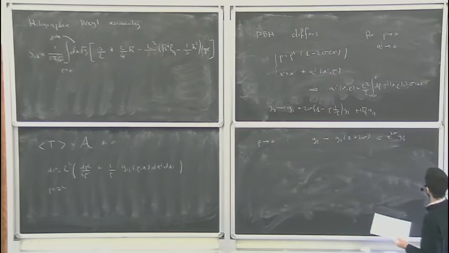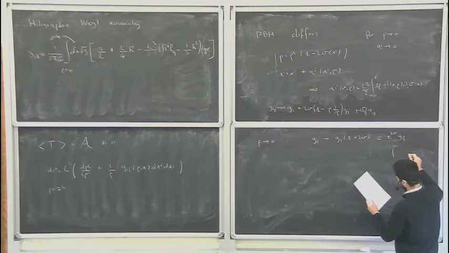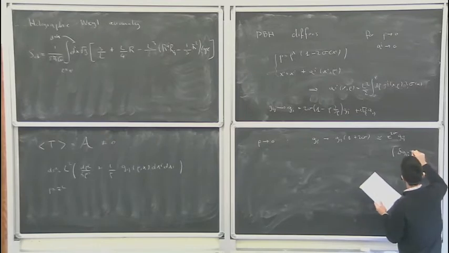Put very simply, the transformation of g_ij is 2 sigma g_ij.